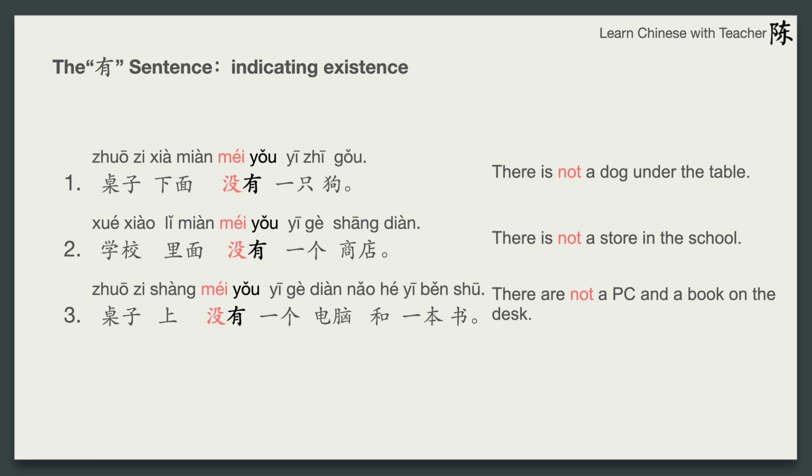Why here do we use another character 没? I can only tell you it is what it is. Chinese has two negative characters for different verbs. The first one is 不, the second one is 没. I'll explain in which cases we use 不 and in which cases we use 没 in future lessons. Okay, that's all about the character 有.